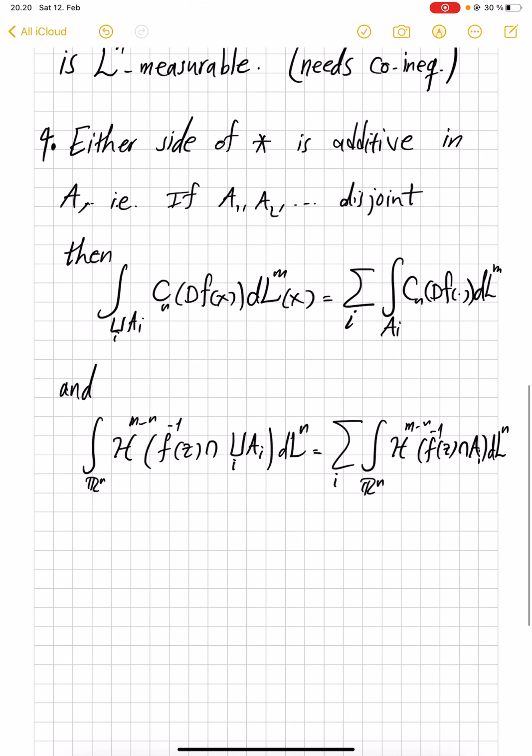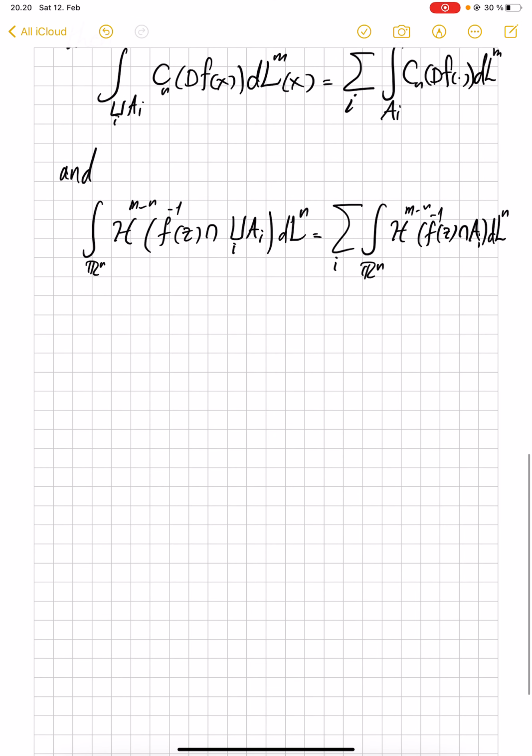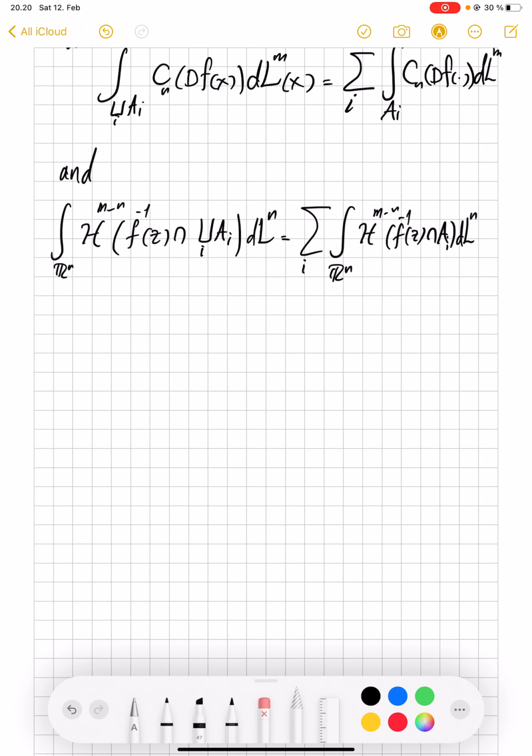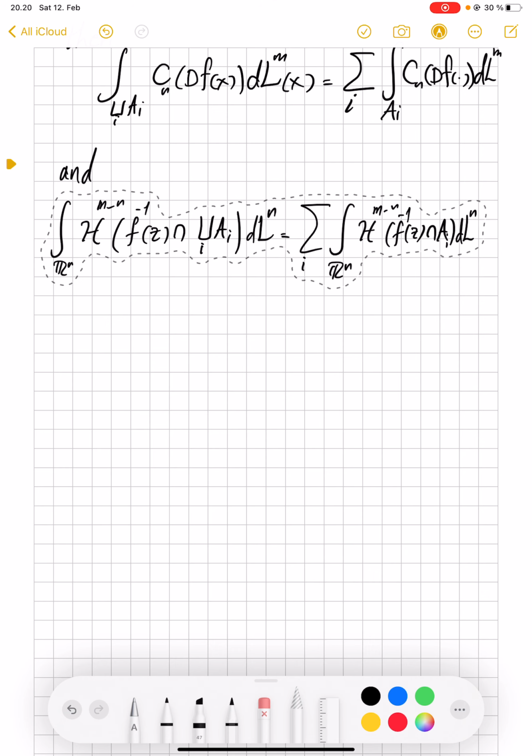And this one follows basically by set theory, because the Ai are disjoint and the intersection of the level set with their union is the union of its intersection with individual ones.